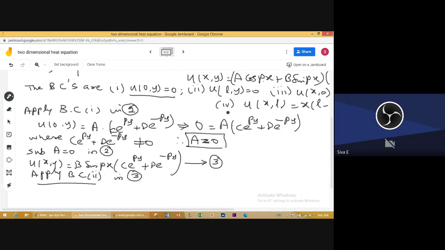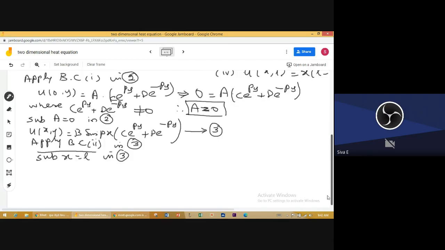So what is the second boundary condition? u(L, y) = 0. That means substitute x = L in 3.